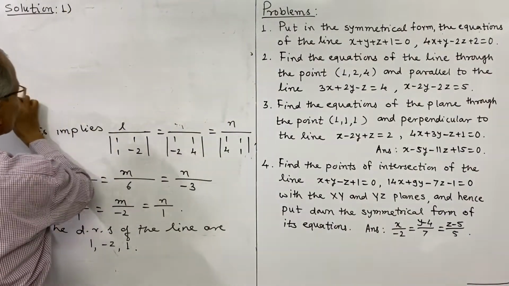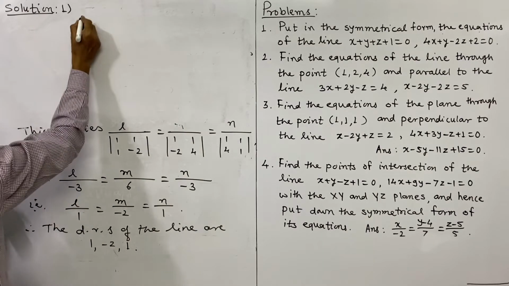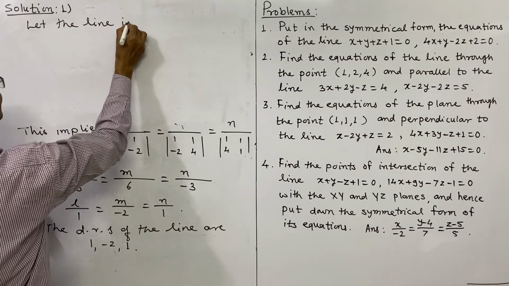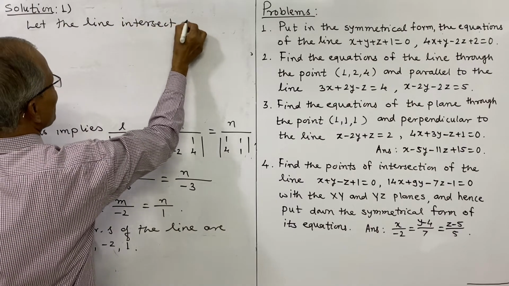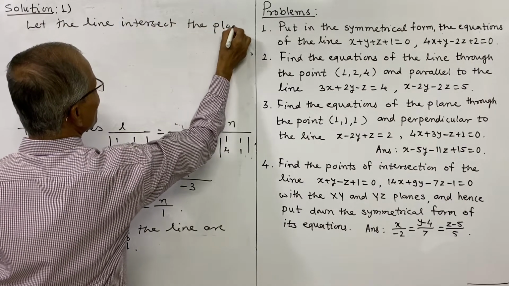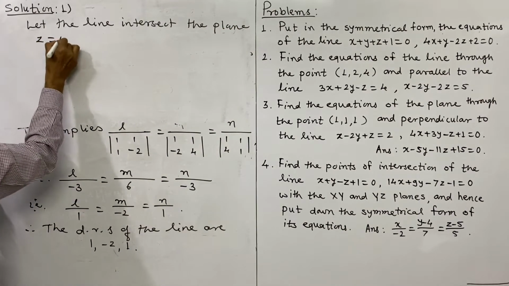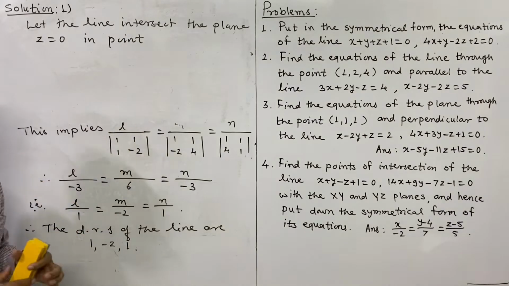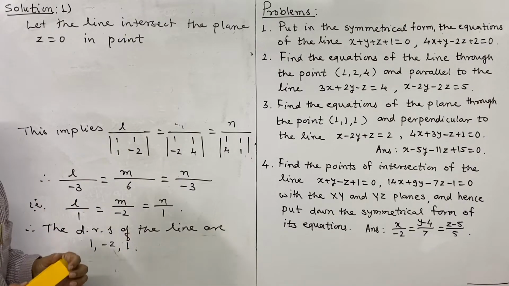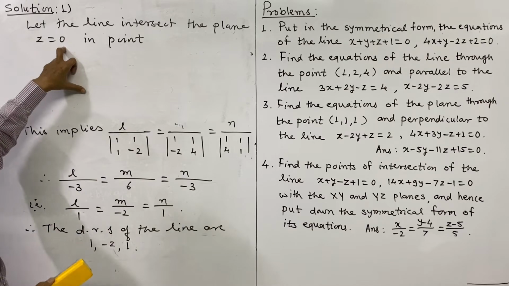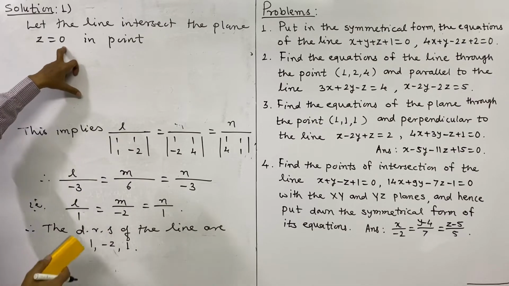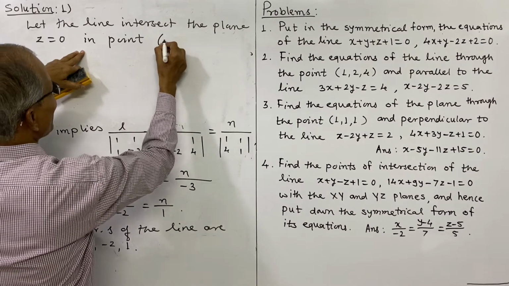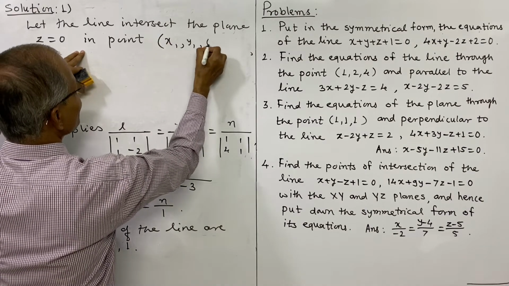Let the line intersect the plane z is equal to 0 in a point. So the point may be considered as x1, y1, 0. So z is equal to 0 means the z coordinate is fixed to be 0.